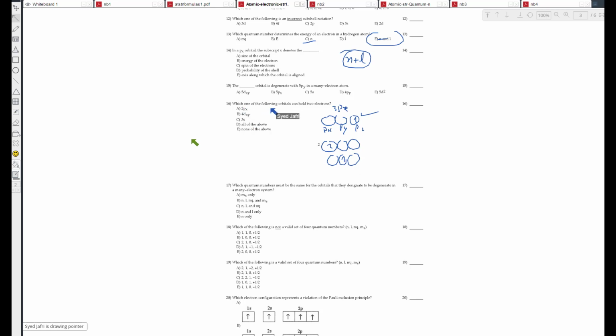What about this one? Which one of the following orbitals can hold 2 electrons? Okay, let me see. 2px. That could, let's see, 4dxy.